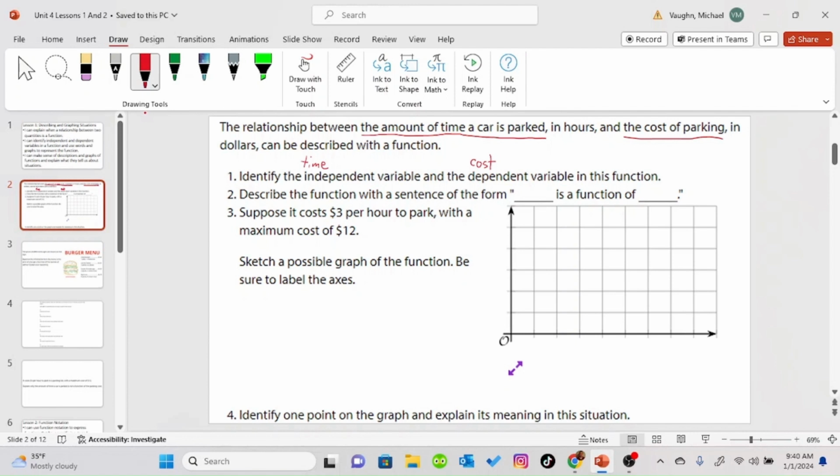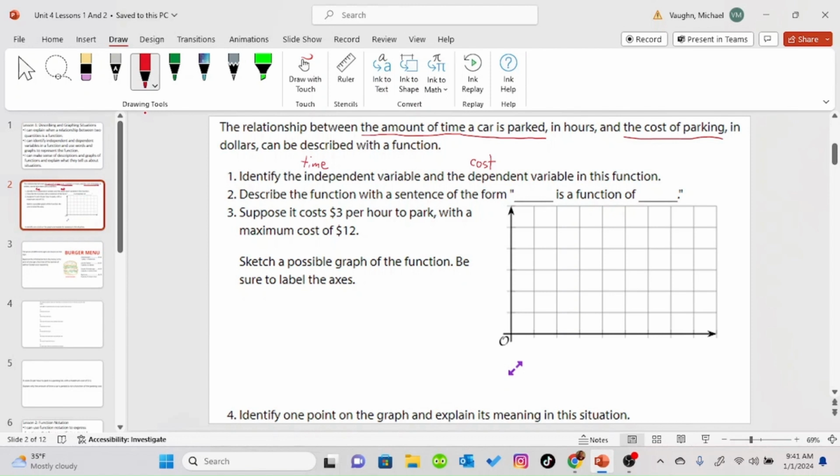For example, if you park at Providence Place Mall, you pull in, you take your ticket, you go inside, you do all your shopping, you watch a movie or whatever, and then when you leave, you put that ticket in the machine. It looks at how long you were parked, and then it determines the cost. So my independent is the time of parking, and the dependent variable is the cost of it.